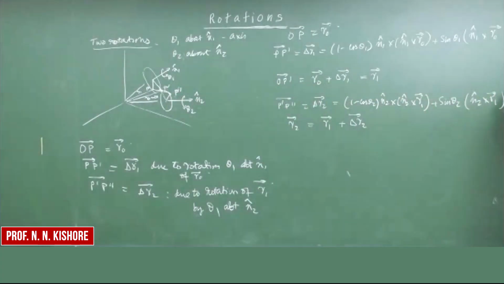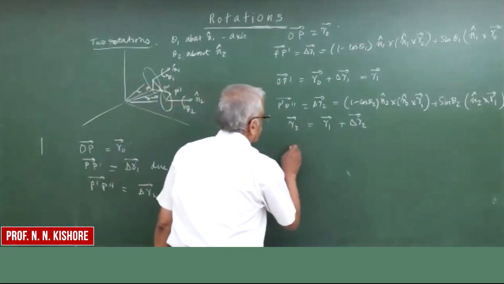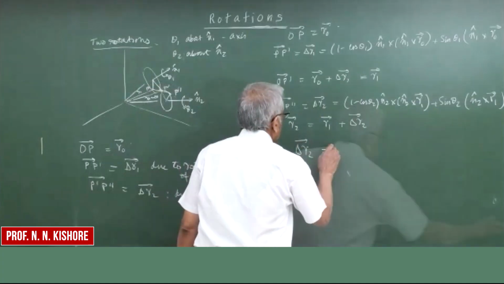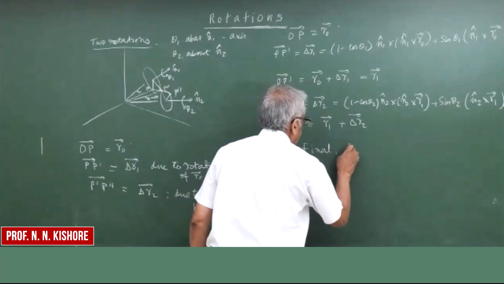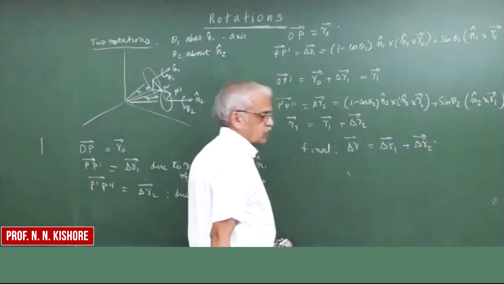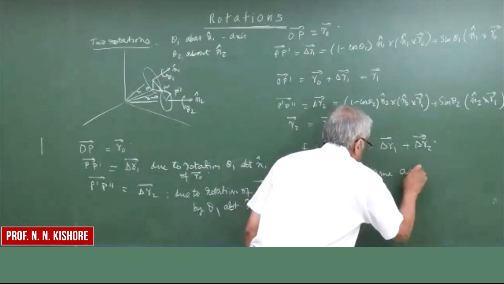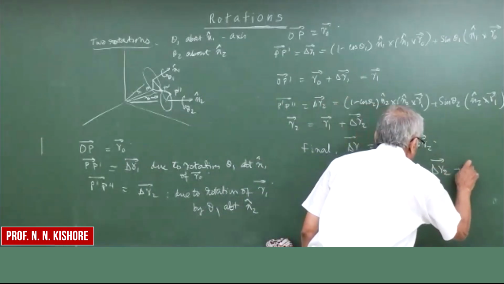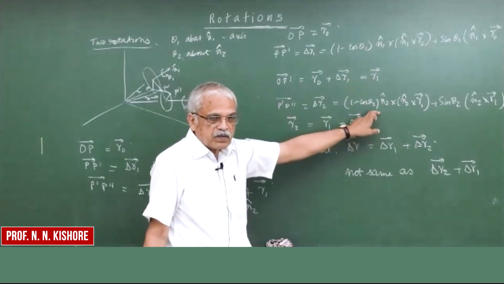You can see that this involves a lot of trigonometric terms, and so this final delta R, which was delta R1, is clearly not the same as when you put theta 2 about N2 first, and theta 1 about N1 in the next step.